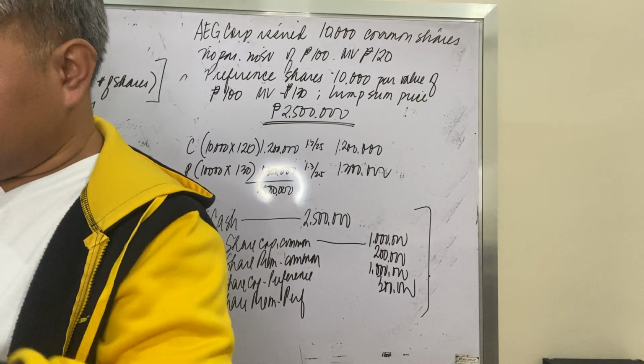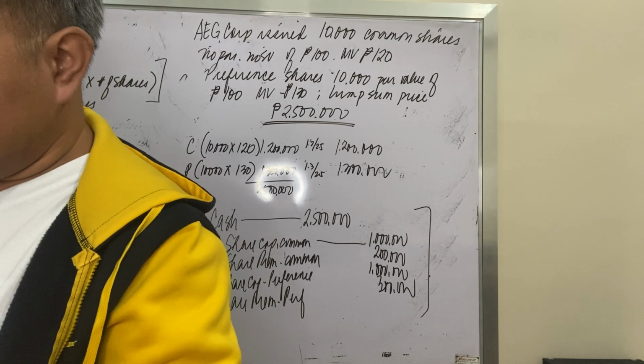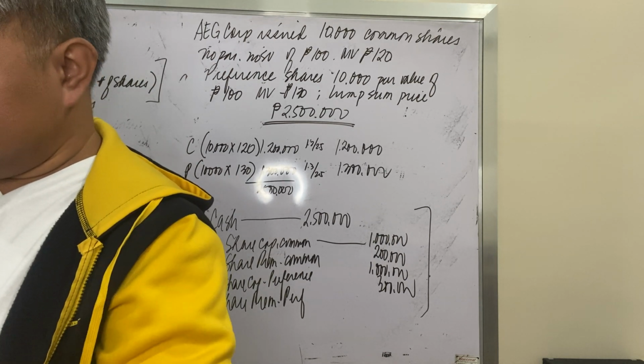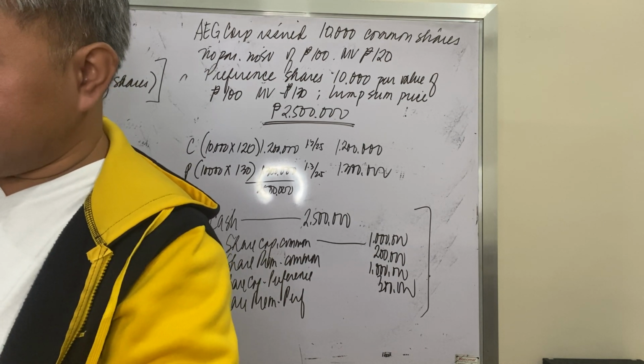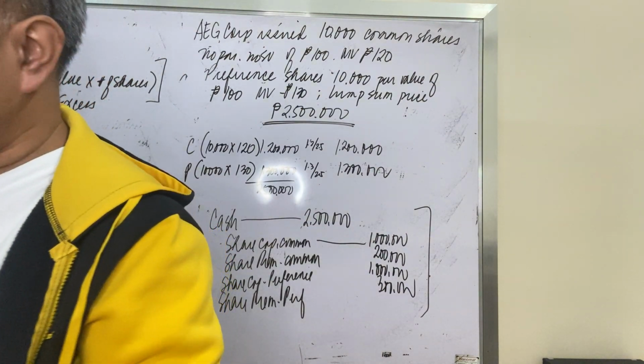Let's go to problem 1. We're asked to prepare the journal entries to record the foregoing transactions. I'll be giving you 2 minutes to read and possibly answer.